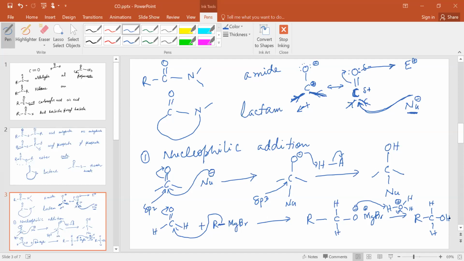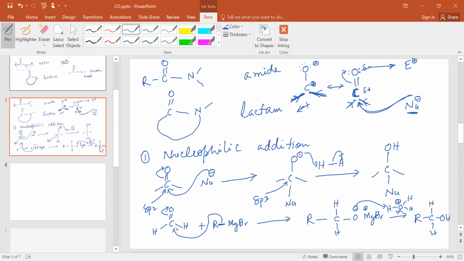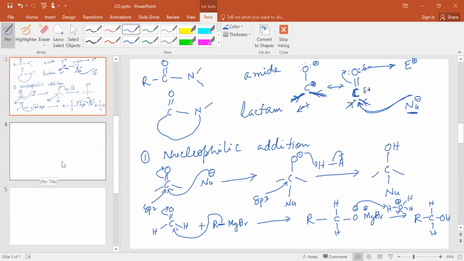In the next quiz, I can ask any Grignard reaction. So review the Grignard reactions we have done so far. So this is the example of nucleophilic addition reaction.